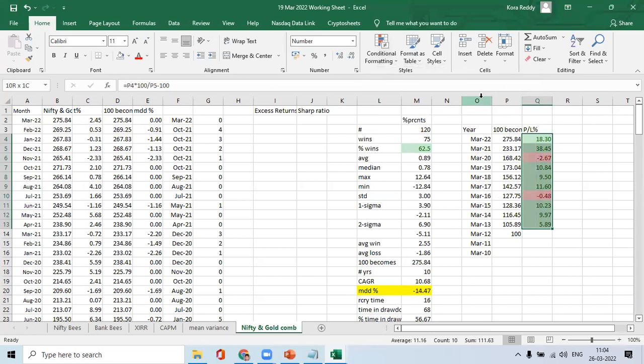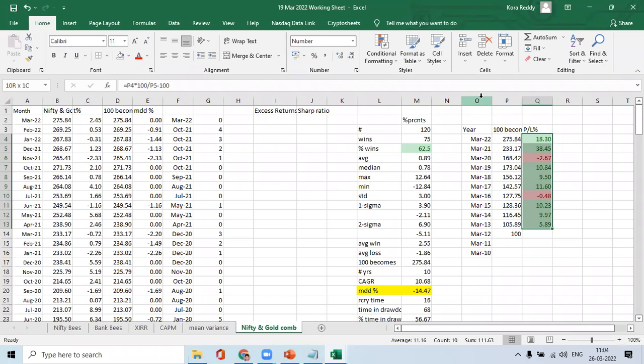So we have 10 years. How many years we are profitable? All the green. 8 years. And we lost in 2 years, and our maximum loss in a year is 2.67%. Yes, 2020.